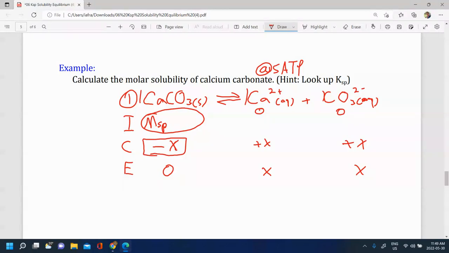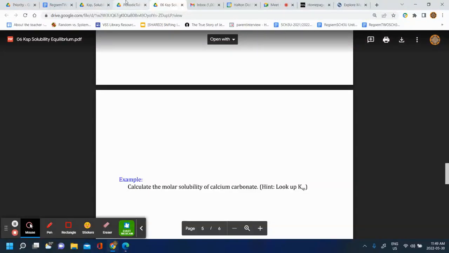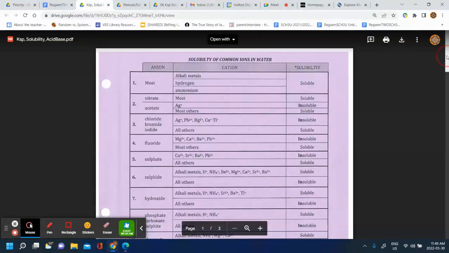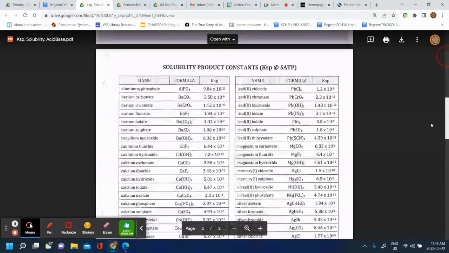Now, we're not given any information other than Ksp, because Ksp is based off of the MSP. Now, I know you might be thinking, well, where is Ksp here? Well, it's not told to us in the question, but we can go look it up in our table. So we're going to go find the Ksp of calcium carbonate in our table over here. Let's scroll down to the Ksp values.